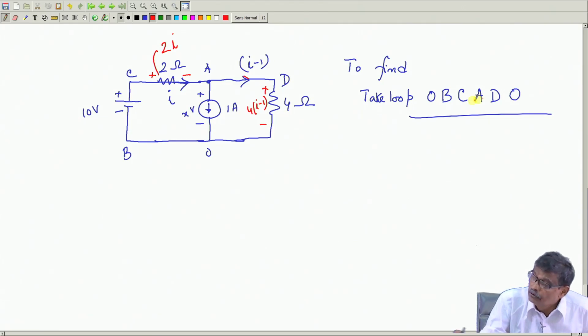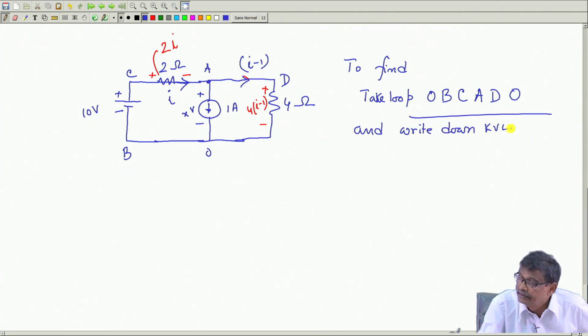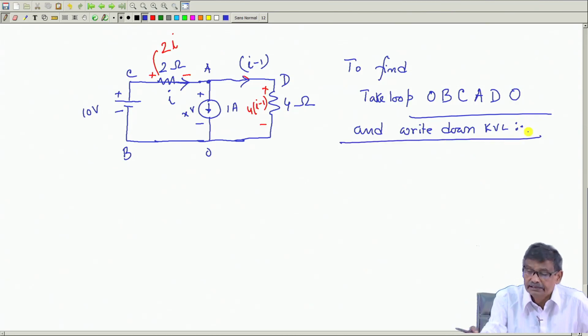Then I take this loop and write down KVL in this loop.